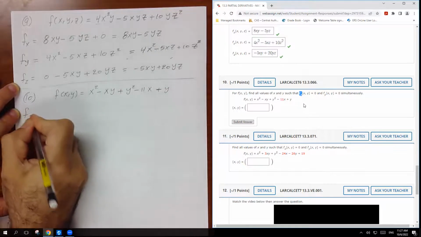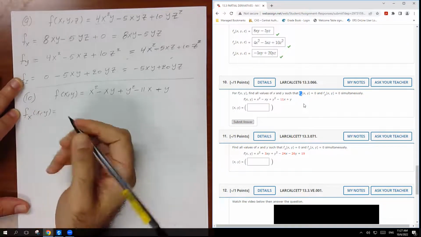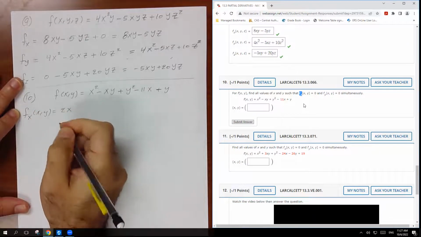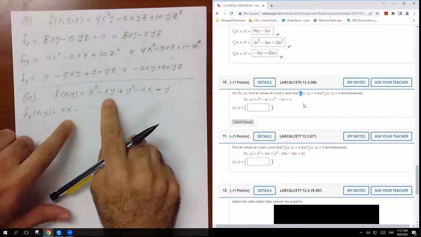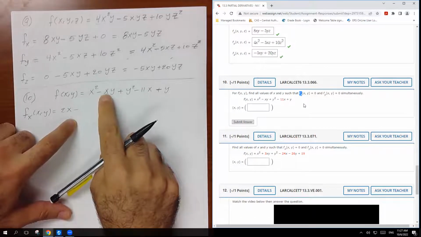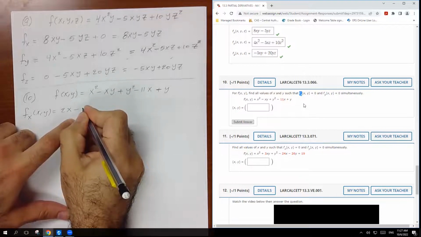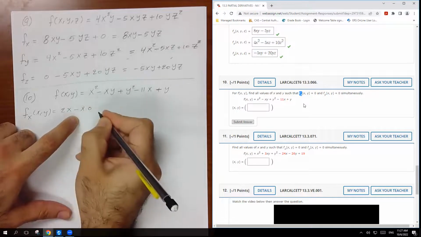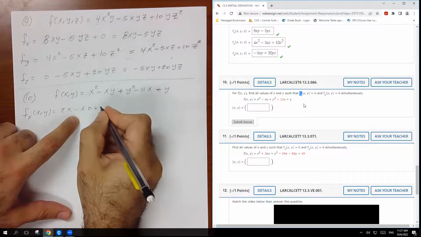Then f sub x is going to be 2x minus, for this one, you can do the chain rule if you want with x. So it's going to be x times 0, plus the second one times the derivative for the first one, which is y.